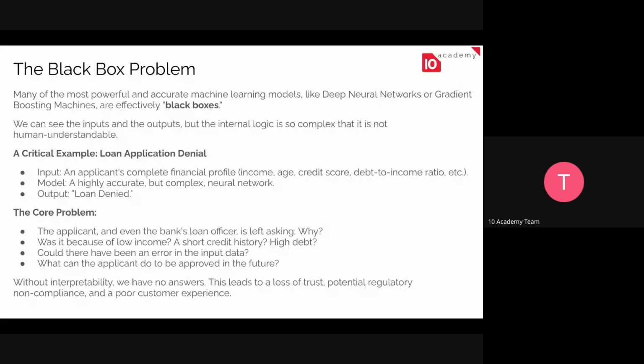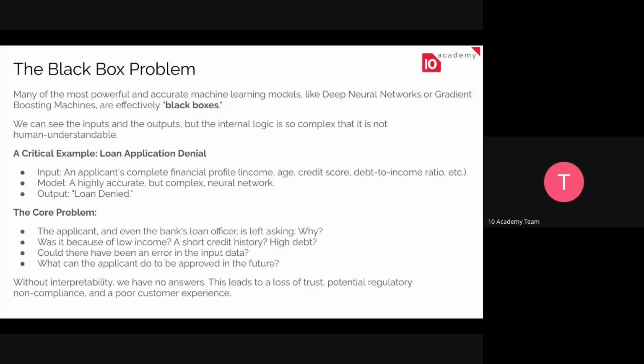So this leads us to loss of trust. Since it's a black box and the reasons and everything are hidden, the customer could lose trust in you. There is also potential regulatory non-compliance, especially in the EU.